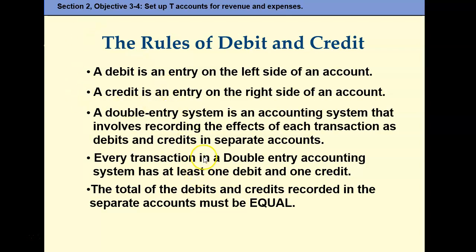For each transaction, at least one account must be debited and at least one account must be credited. And the last rule, for each transaction, the total amount debited must equal the total amount credited.